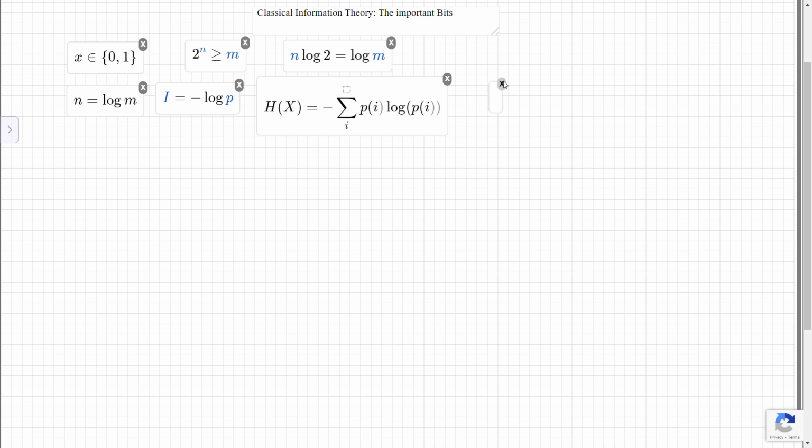Let me give you some examples in order to make you understand this. Let's say that we have a message which is 22222. And we have another message which is m equals 232323. Okay, so how much information does this message contain?